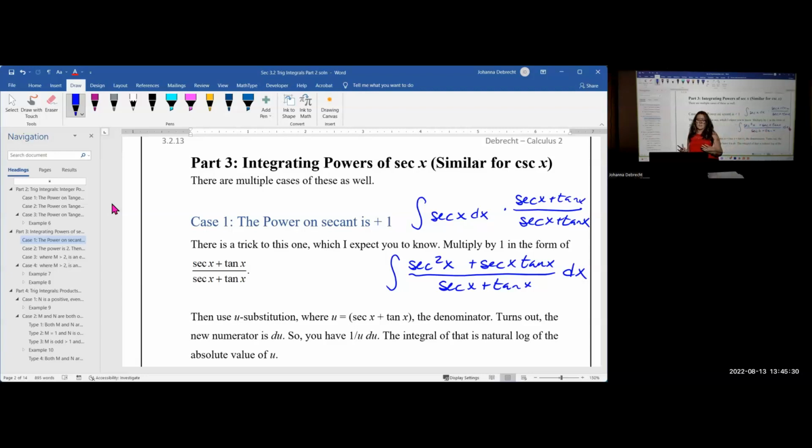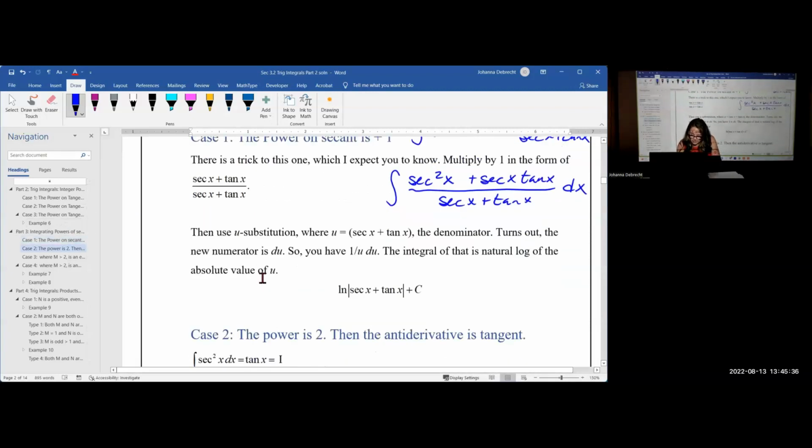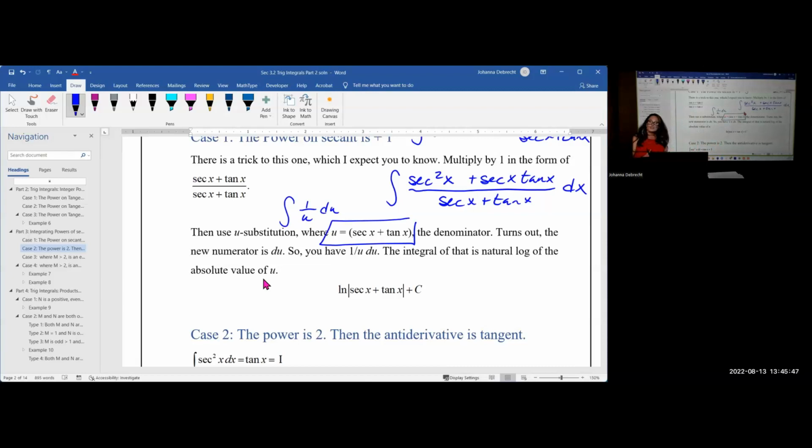So we essentially have the integral of 1 over u du, which becomes the natural log of the absolute value of u, where u is that denominator, secant of x plus tangent of x. So this is a trick.